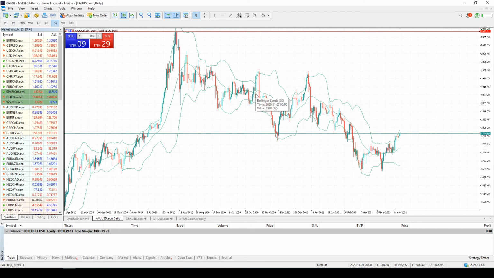Another thing I'd like to draw your attention to is the relation between gold and interest rate. A lot of traders ask me, okay, it's clear that gold depends on the US dollar, but what are we going to do with interest rate?